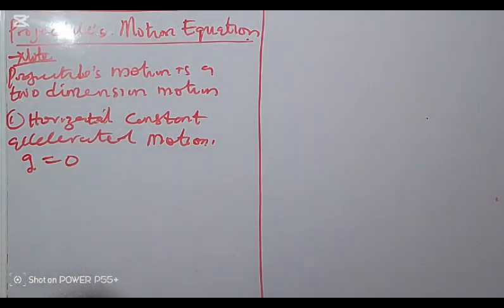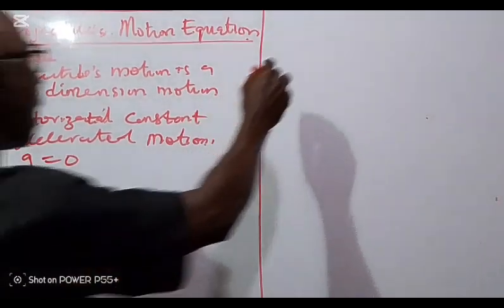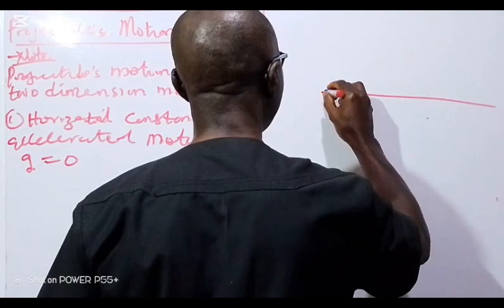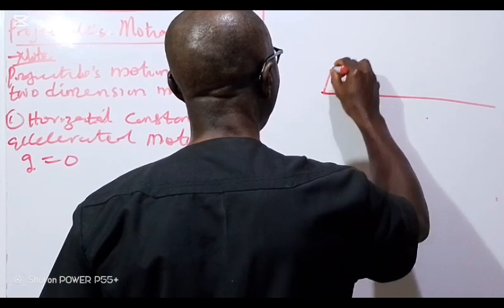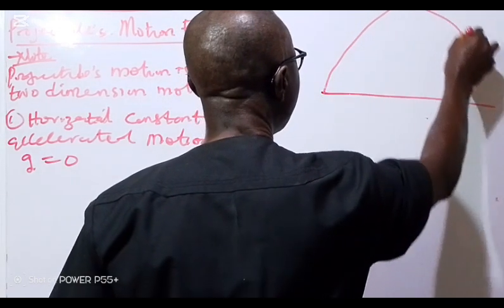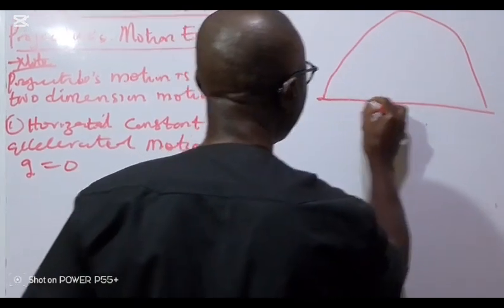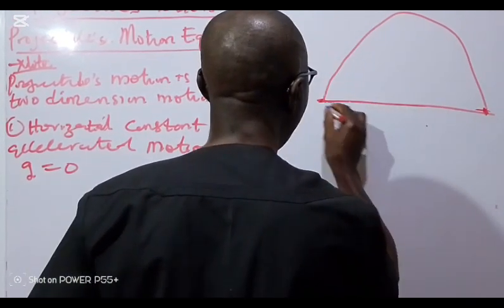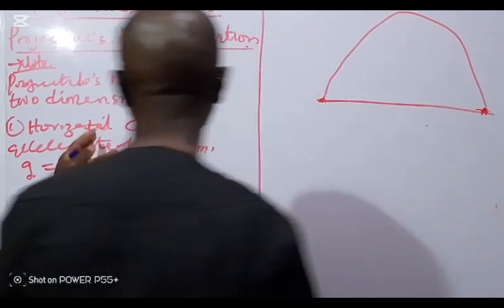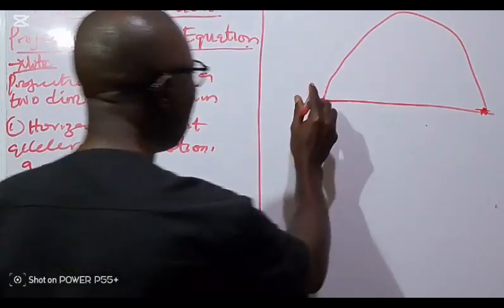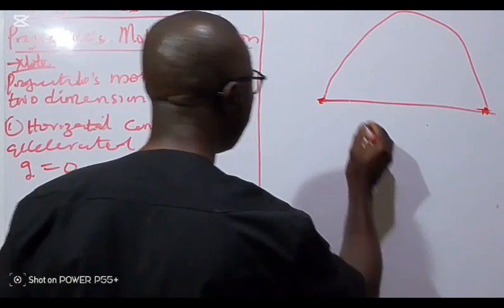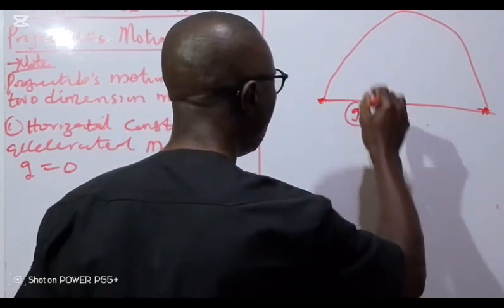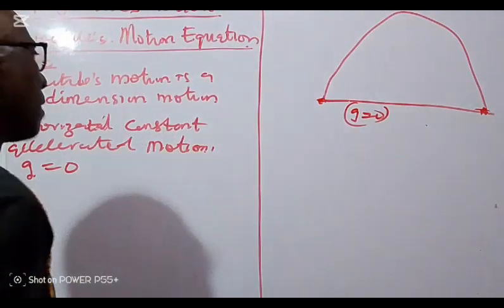So as I drew the other time, as the object is moving like this, it will cover a horizontal distance. And under this horizontal distance, the acceleration is constant, so g is equal to 0.